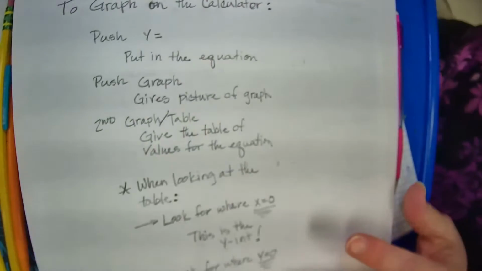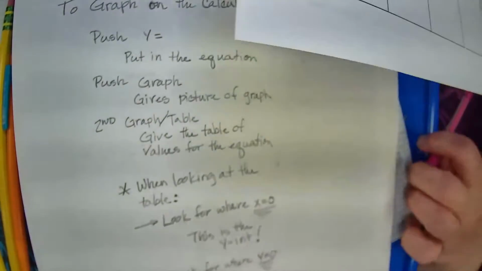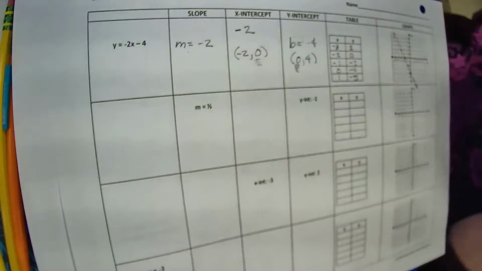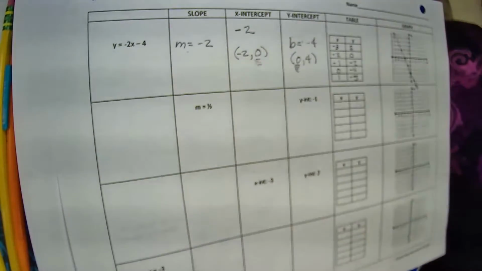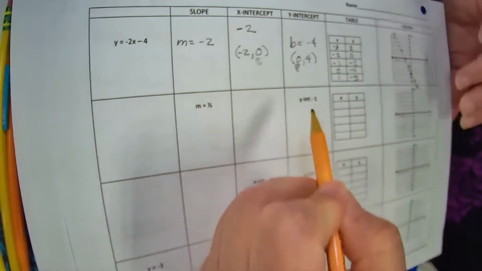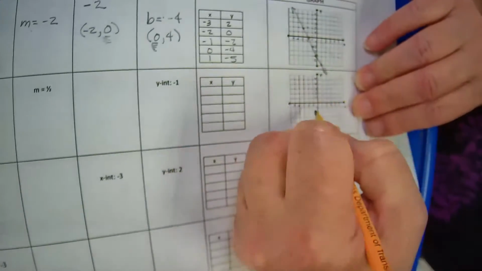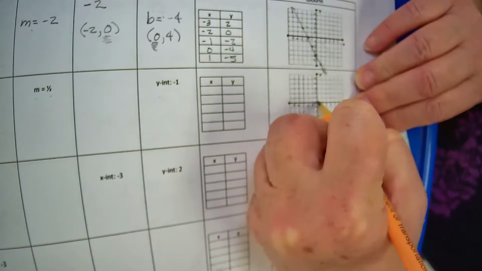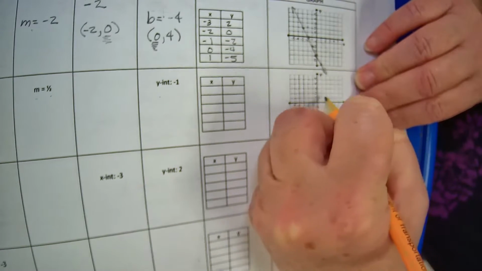All right, now, let's just kind of plow through this. And you can check your answers and so forth. So we've got a slope of 1/2, and we have a y-intercept of -1. Well, that's enough to graph. So we go up 1, right 2, up 1, right 2.